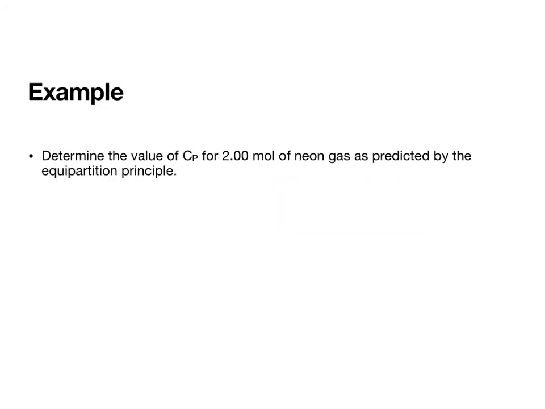So let's do an example. Let's determine the value of CP for 2 moles of neon gas as predicted by the equipartition theorem. So for neon gas, NEP is going to be equal to 3.